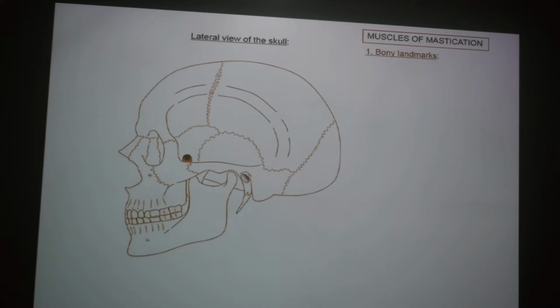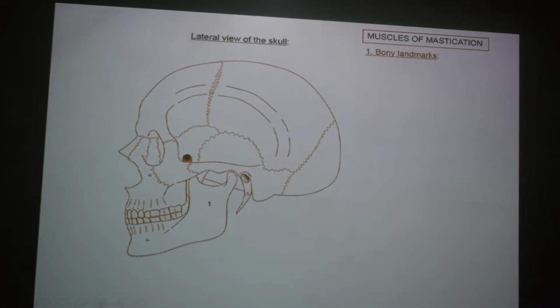This is a skull which you are seeing from the lateral view. The first thing you can see here is the ramus of the mandible. Then you have the coronoid process of the mandible, and this is the condylar process, or the head of the mandible.